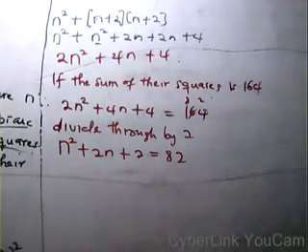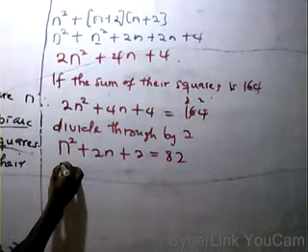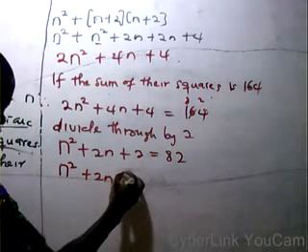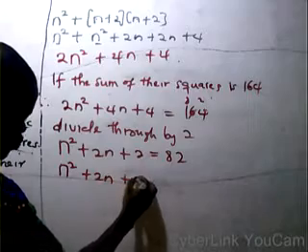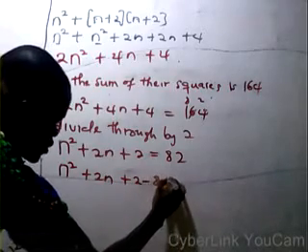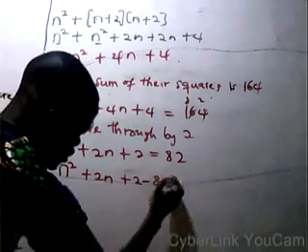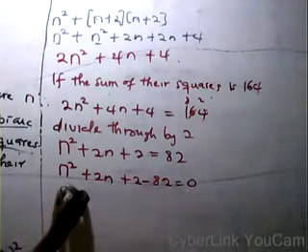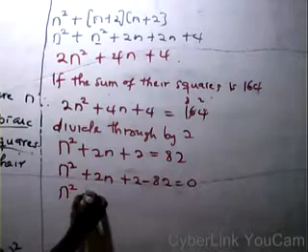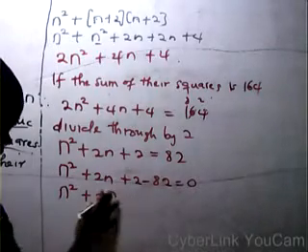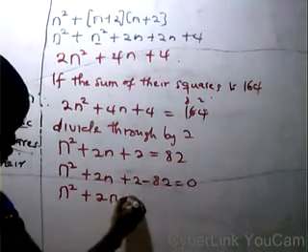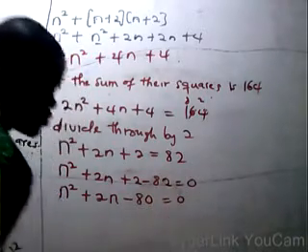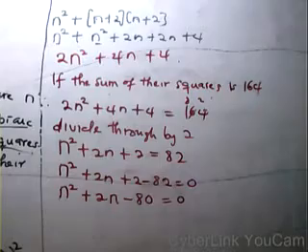So from there, when you move on, you have n squared plus 2n plus 2 minus 82 equals 0. So we now have n squared plus 2n minus 80 equals 0.